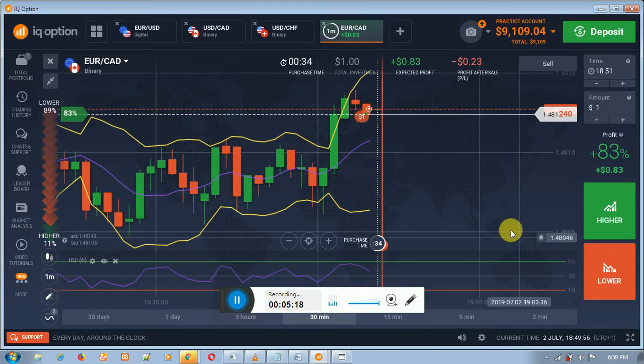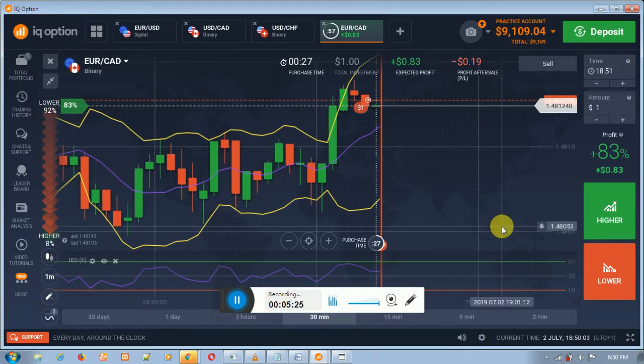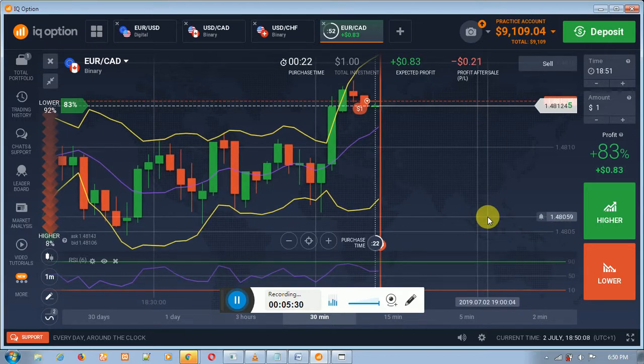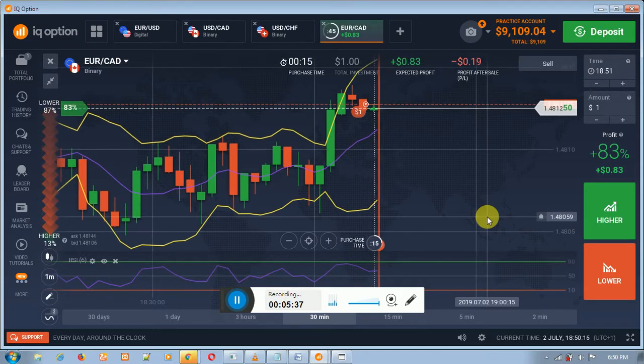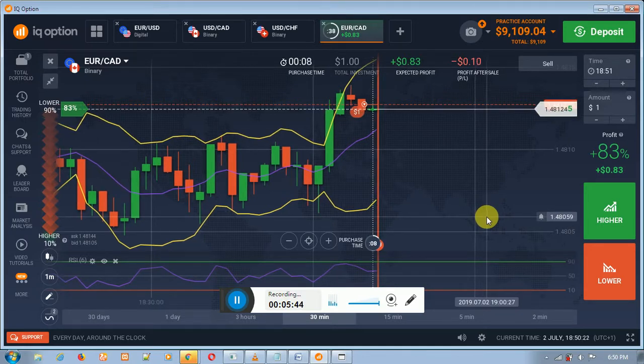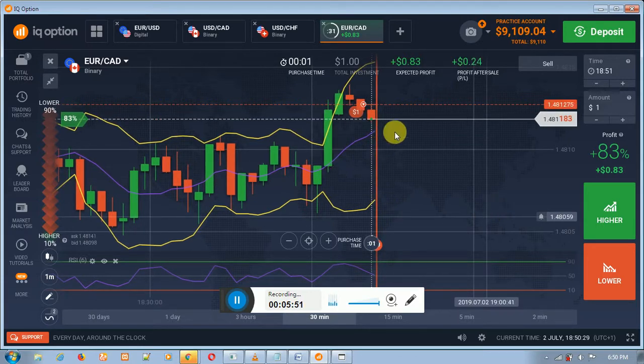You see, it is winning, but let's see what is going to happen at the end of the 27 seconds that remain. Okay. Yeah, we are still observing our candlestick. Candle analysis is very, very important.